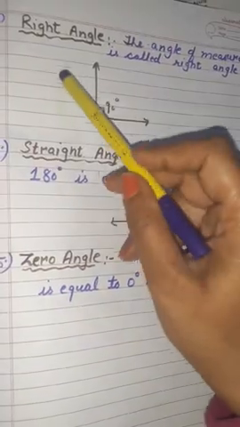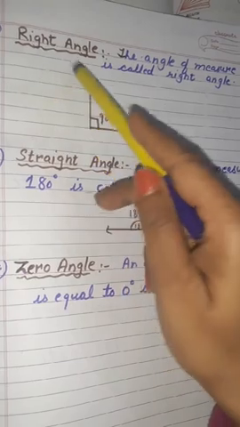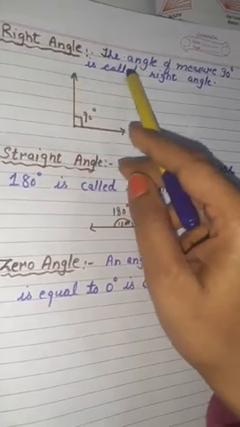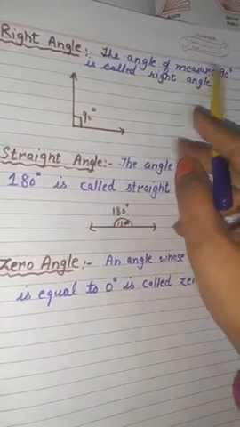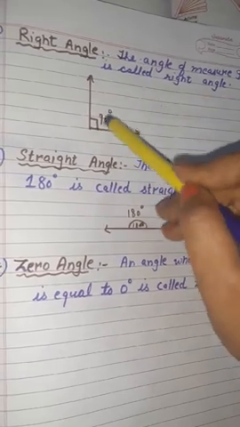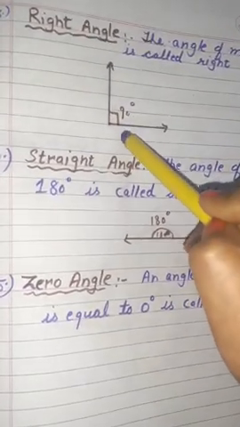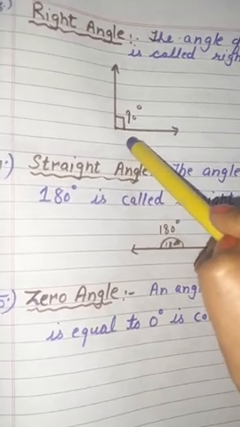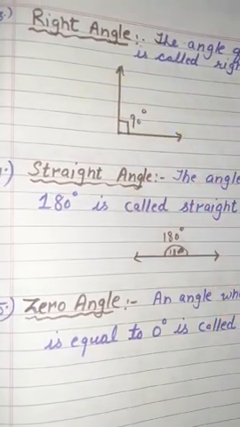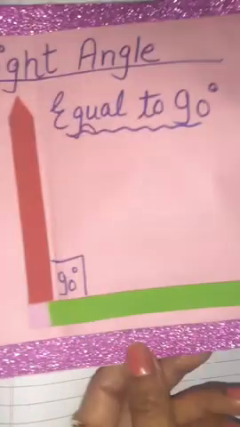Now the next type is the right angle. The angle of measure 90 degree, the angle which is equal to 90 degree, is called a right angle. Here is your right angle.